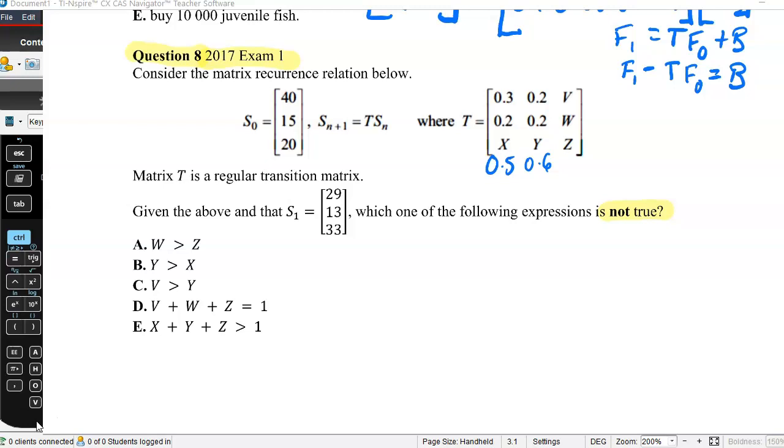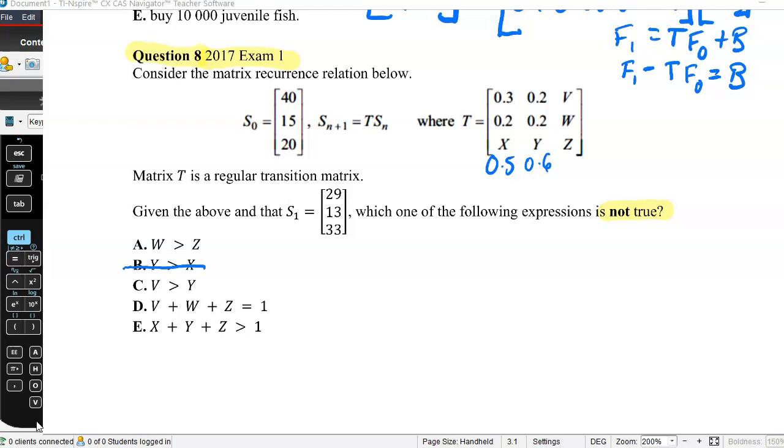So we have all of these things here. We've got to prove that one of these things is not true. Well, we know right now, having just done these two, that y is greater than x, so that's true. So that can't be our answer. Let's look at how we're going to do the rest of it.